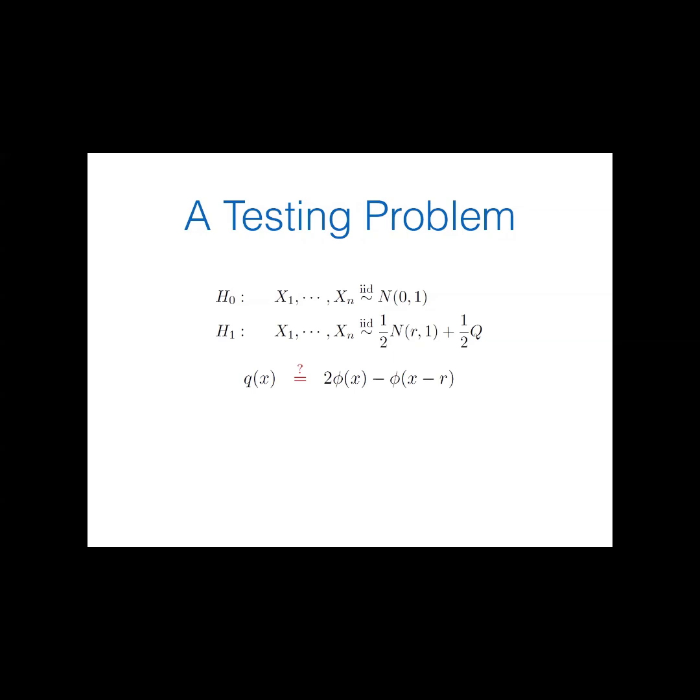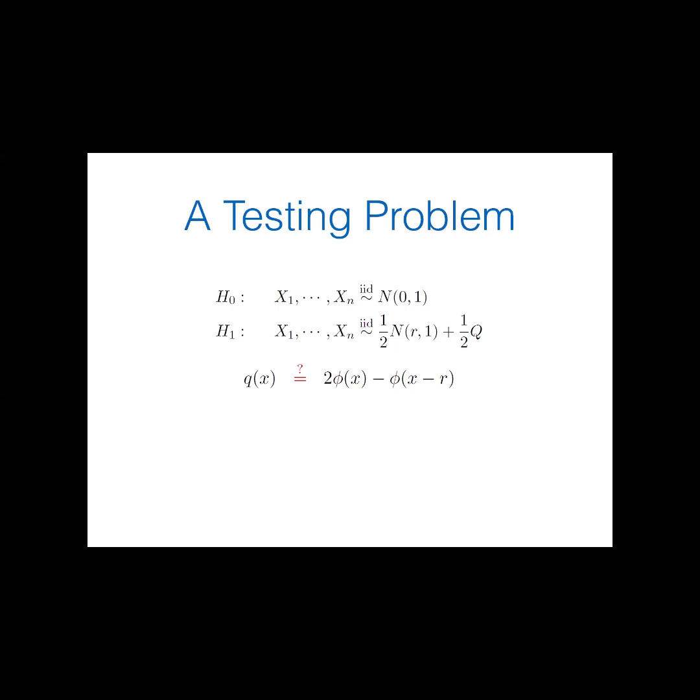So in order to have a valid construction of the probability distribution, I need this to be a density function, which first of all needs to be positive, and second, the integral must be 1. The integral is 1, but the function may be negative. In fact, no matter what the value of r is, you can always find an x such that the value of this function is actually negative. So you have to fix this issue.